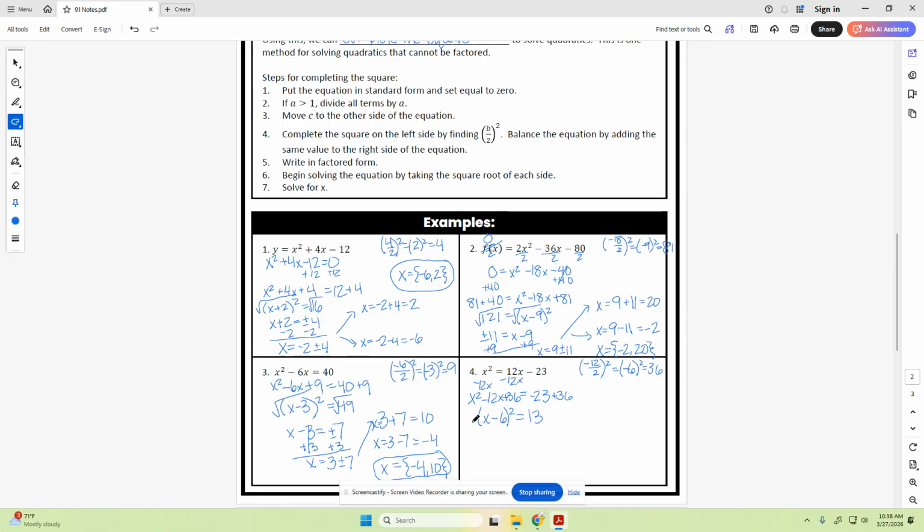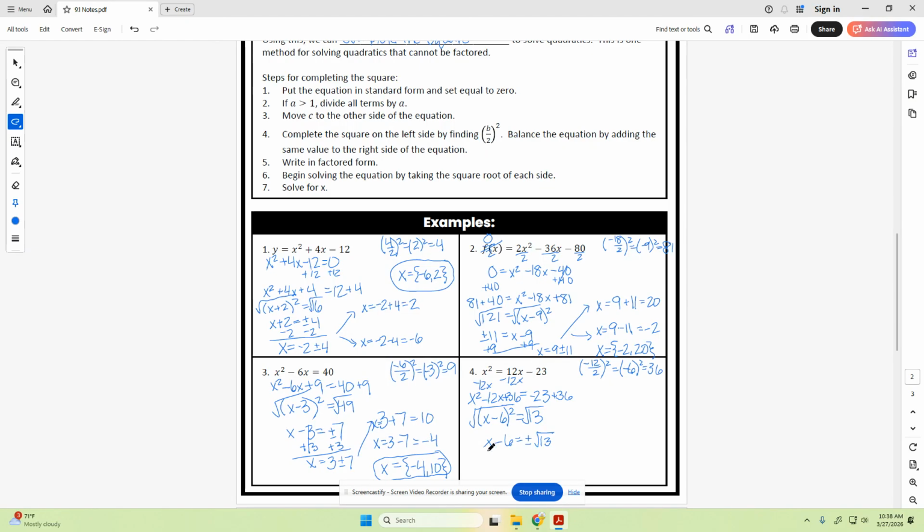So in my next step, when I'm solving for x and I take the square root of both sides, I am not going to be able to take the square root of 13. And it's not a radical that's going to simplify, so I'm just going to leave it as square root of 13. This is going to become x minus 6. I still have to consider the positive and the negative, but I just leave it as a radical like that.